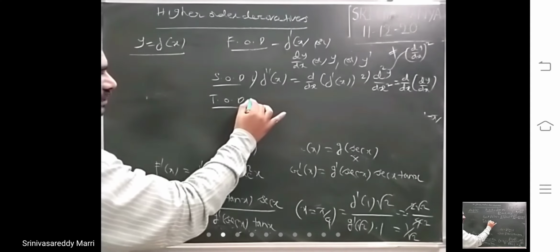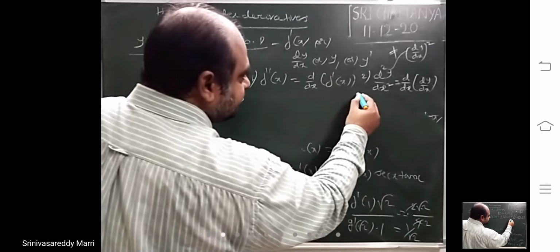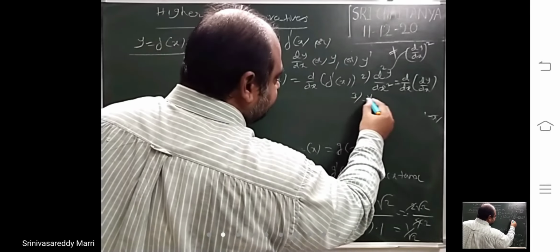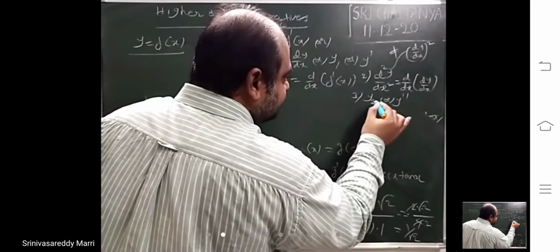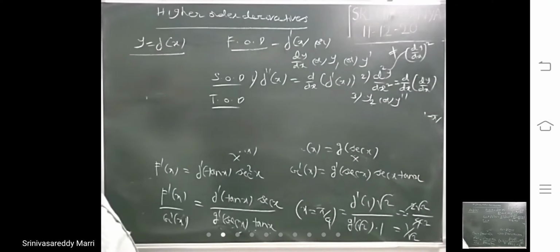Suppose we will see one more. The third order derivative is also denoted as y3 or y triple dash. The 2 dashes indicate a second order derivative.